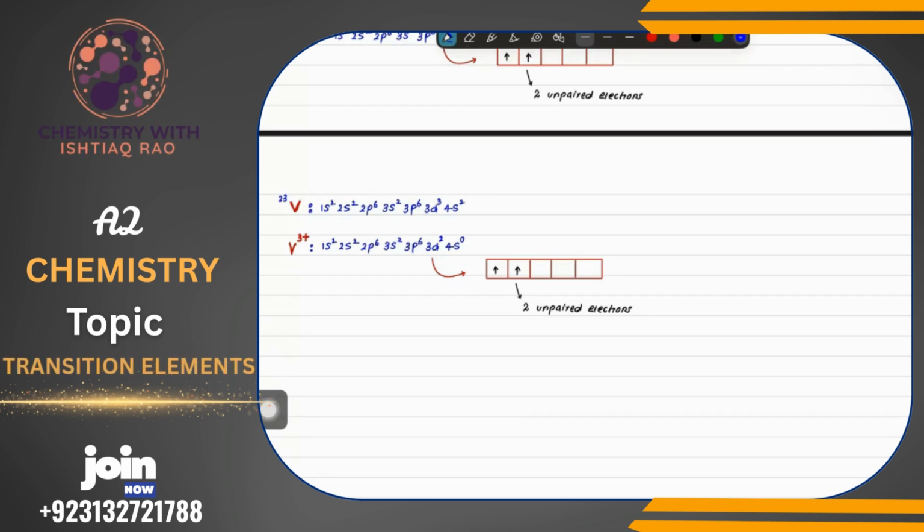I'm going to tell you the charge. General charge on chromium is plus 3. Can you tell me, is this a transition element or not? If yes, why? You have to justify your statement. Why is it a transition element? Fast. I'm waiting.